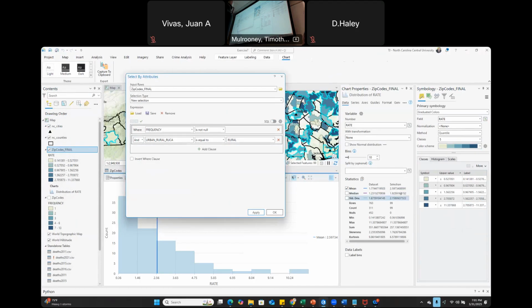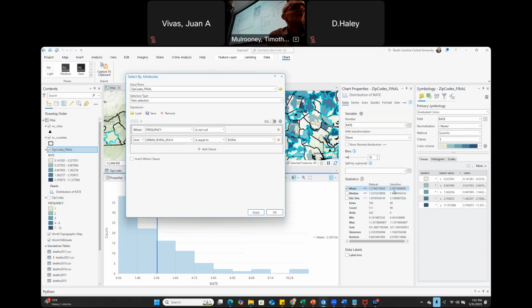What do we have here? My data set is 1.7. What is my selection? 2.59. What do you think that's telling you? The entire selection, look, it's not counting the nulls. It's only counting the 311.